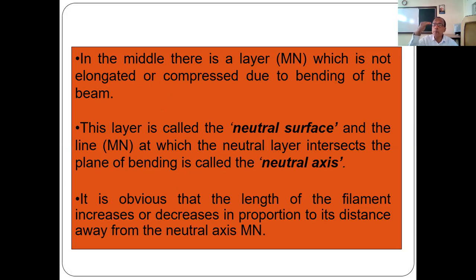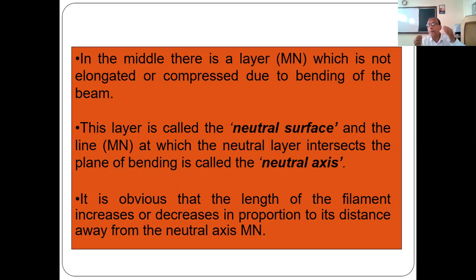That means in the upper and lower surfaces, there is one plane which neither gets elongated nor gets compressed due to the bending of a beam.